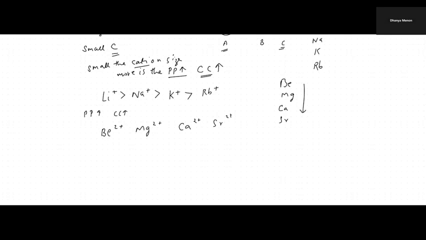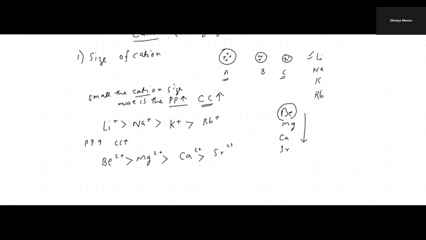So beryllium is smaller in size, so that will have more polarizing power than the rest of it. Okay. So if the size is small, polarizing power is more, covalent character is more. Right? This is the first factor.